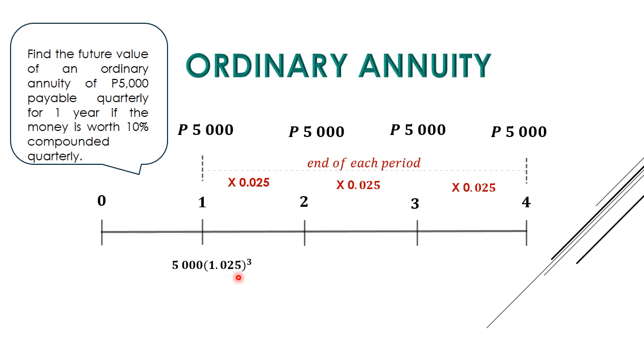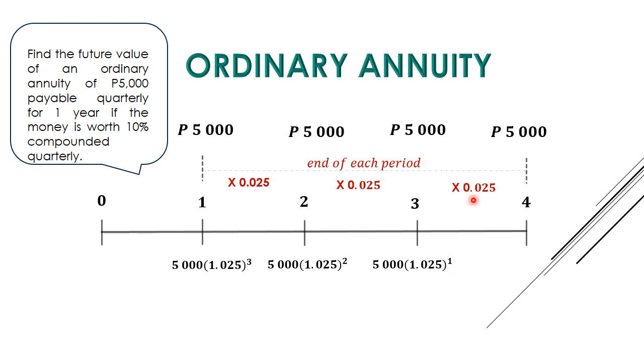Now for the second, we have 5,000 times 1.025 to the power of 2. Why is it? Because there are still 2 interests to be covered, right? So that's why we raise it to 2. And the third is 5,000 times 1.025 to the power of 1.